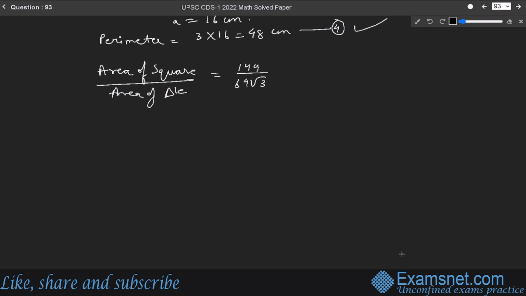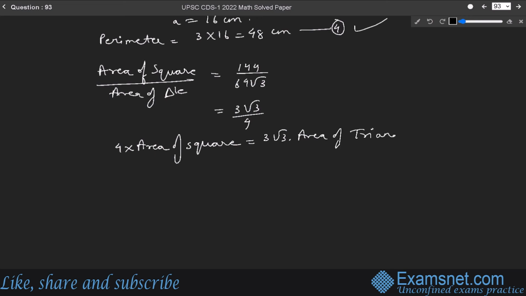So now let us further solve it. It will be equal to 3 root 3 upon 4. So we can say that 4 into area of square is equal to 3 root 3 into area of triangle.